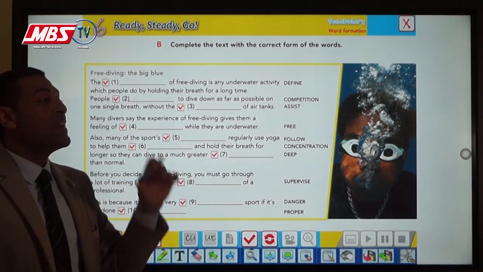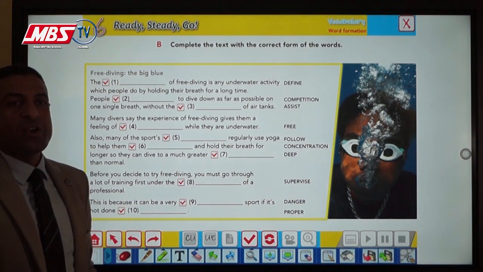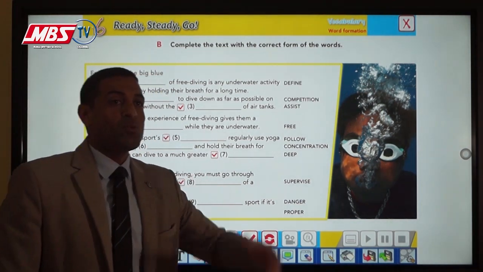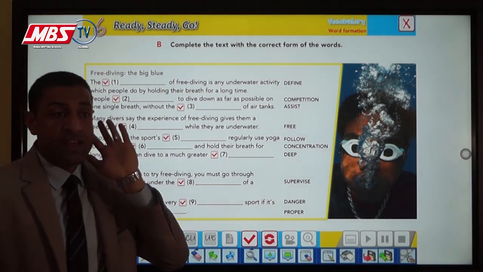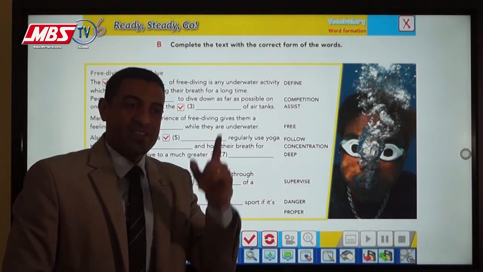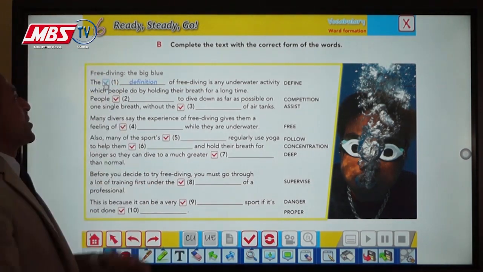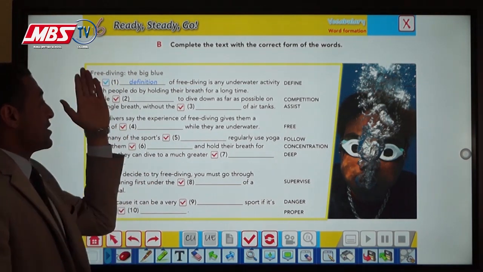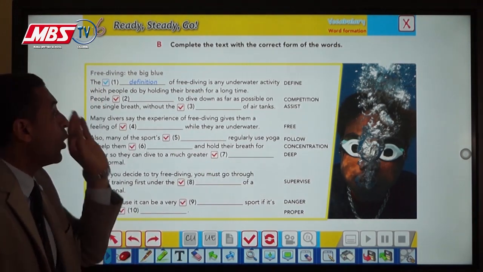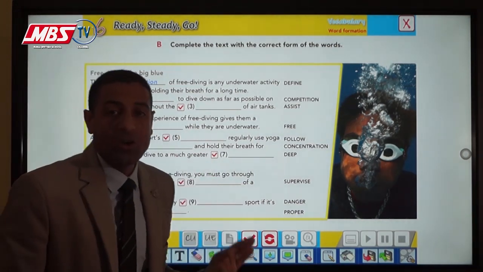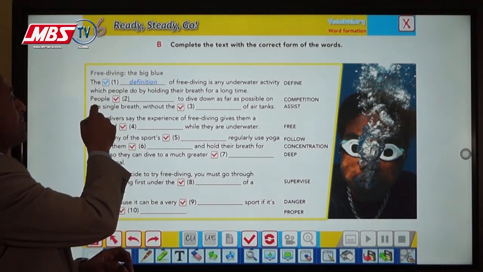So the missing word here is a noun. Who can remember the noun of define? We answered this one in the table before, in exercise A. Yes? Definition. Thank you. So this is the correct answer. The definition of free diving is any underwater activity which people do by holding their breath for a long time.